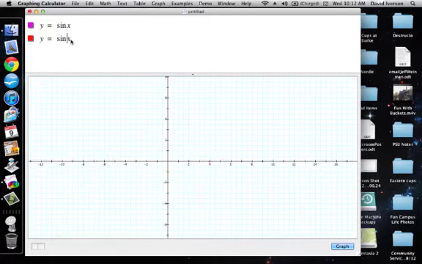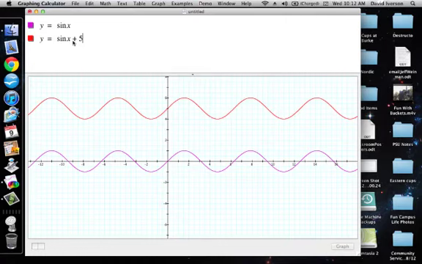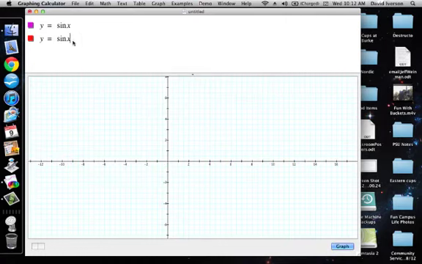Okay, so I've got vertical stretch, horizontal stretch. How about vertical shift? Vertical shift shifts it vertically, just like that. How about a horizontal shift? Well, let's see if we remember.